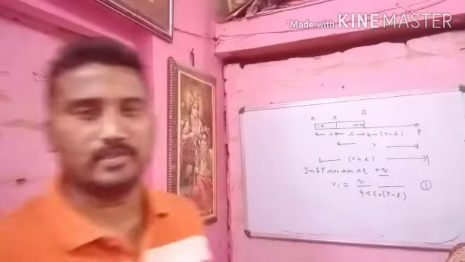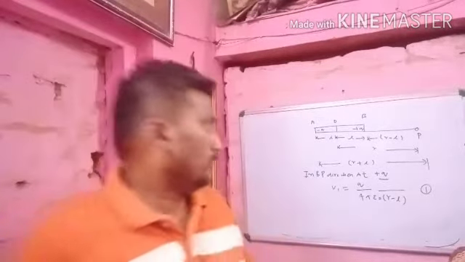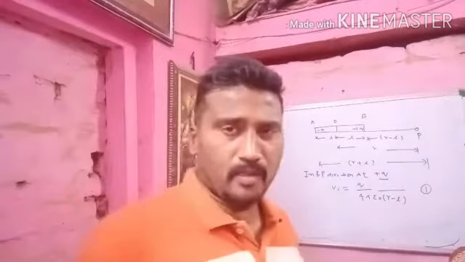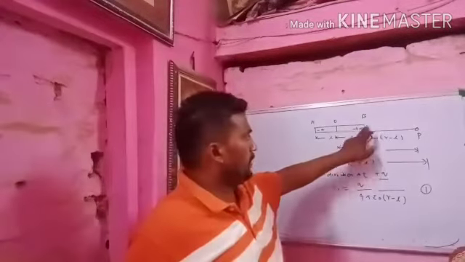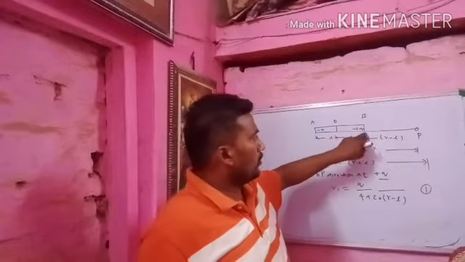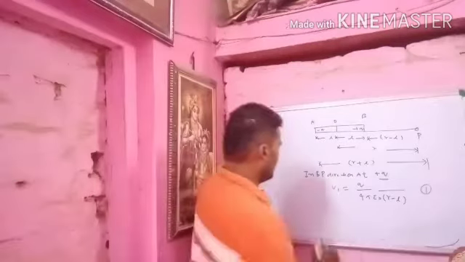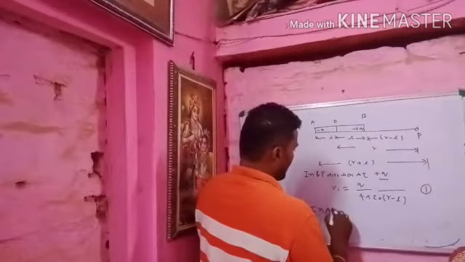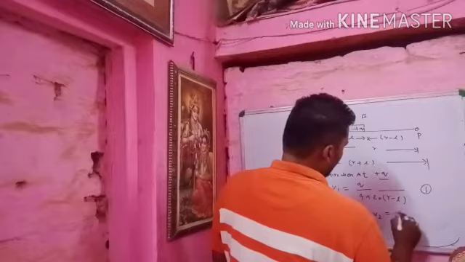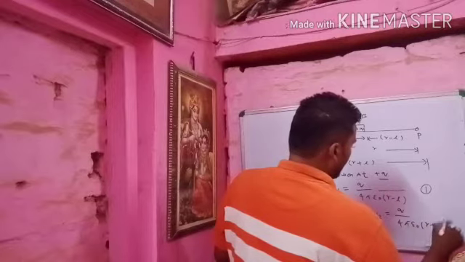Now the other electric potential, the value in the BP direction, V1 is equal to q upon 4 pi epsilon naught into R minus L, because the distance between B and P is R minus L, since OB is L and BP is R minus L. Now the electric potential in the AP direction, V2 is equal to q upon 4 pi epsilon naught into R plus L, equation 2.